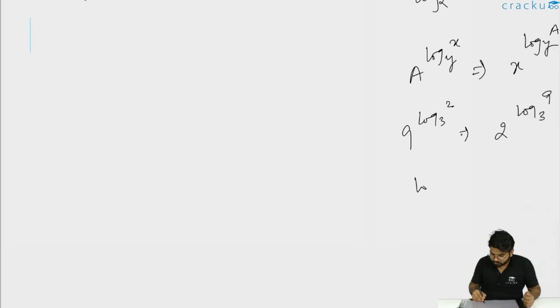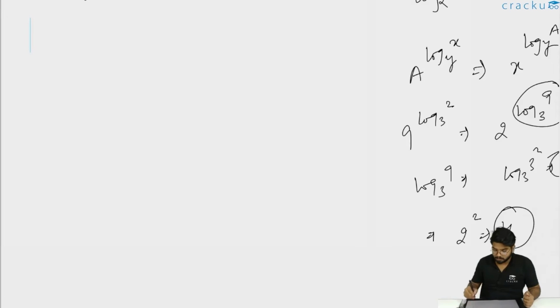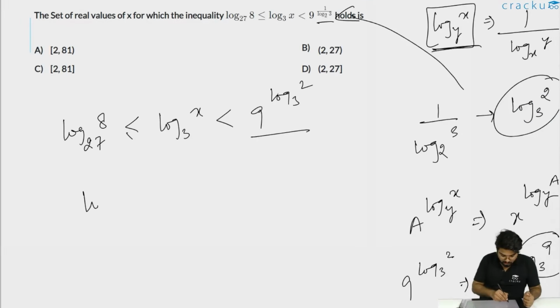Now log 3 with base 9 is nothing but log 3 with 3 square, which is equal to 1 by 2 only. So this whole value is nothing but 2 raised to 2, which is 4.